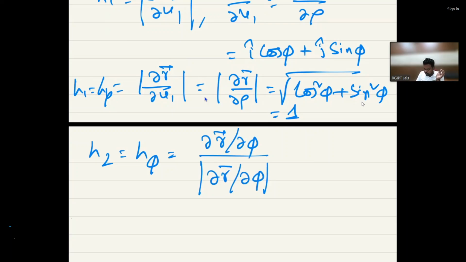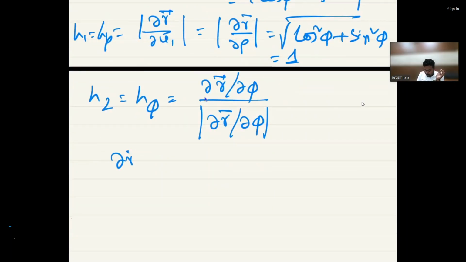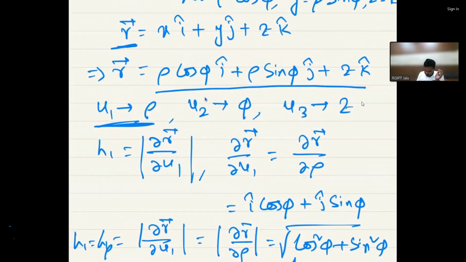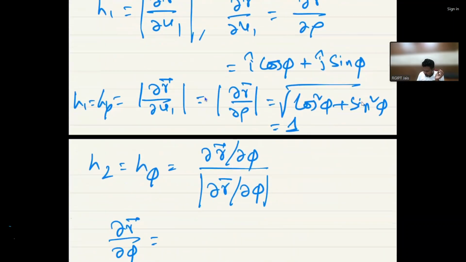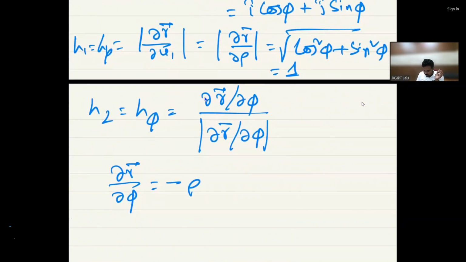And this you can do. What will be del R by del phi? Del R by del phi, you have to do the derivative. This will be minus rho sin phi i cap plus rho cos phi j cap.